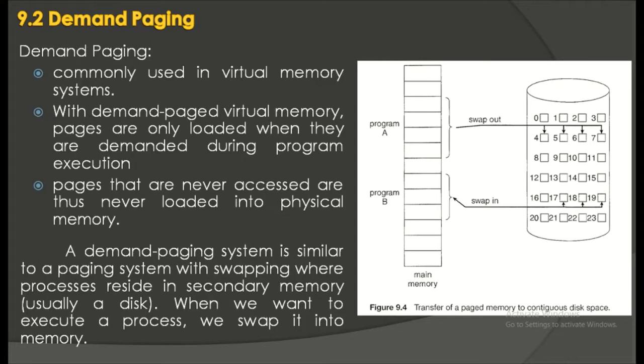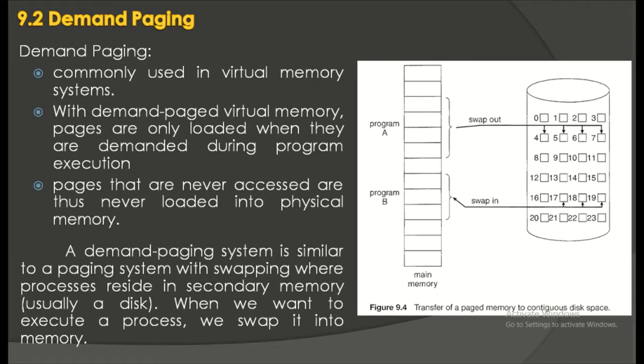A demand paging system is similar to a paging system with swapping, where processes reside in secondary memory, usually a disk. When we want to execute a process, we swap it into memory. A lazy swapper never swaps a page into memory unless that page will be needed.